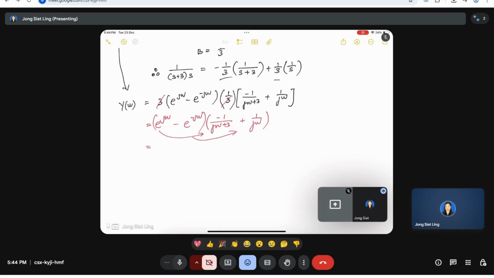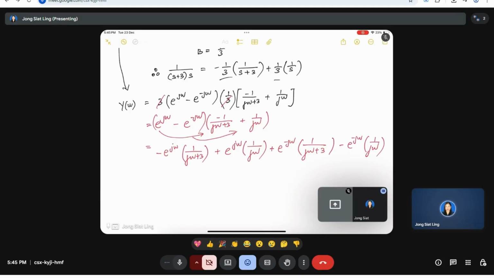So I have a negative exponent j omega, and then I have 1 over j omega plus 3, then plus exponent j omega, 1 over j omega, plus, okay, negative is positive, exponent minus j omega, 1 over j omega plus 3, minus exponent minus j omega, 1 over j omega. Okay, so this is the answer for the Y(omega).